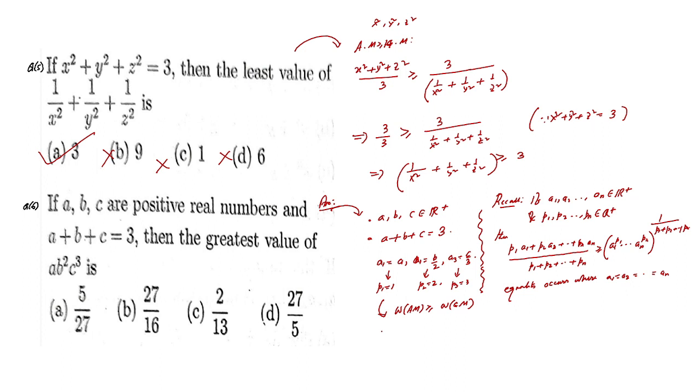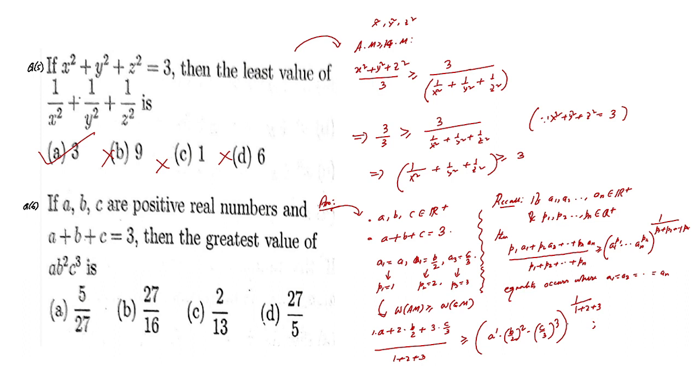So that means (1 into a plus 2 into b by 2 plus 3 into c by 3) by (1 plus 2 plus 3) is greater than or equal to (a to the power 1, b by 2 whole square, c by 3 whole cube) to the power 1 by (1 plus 2 plus 3).